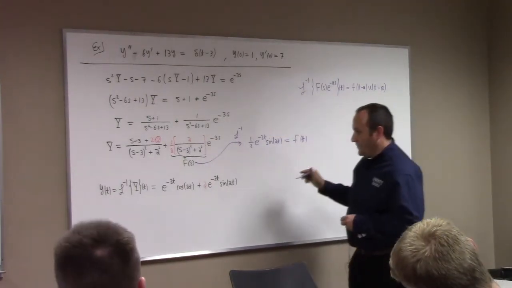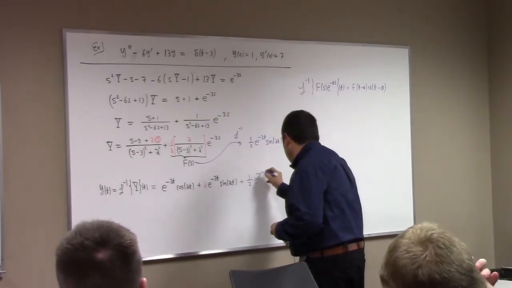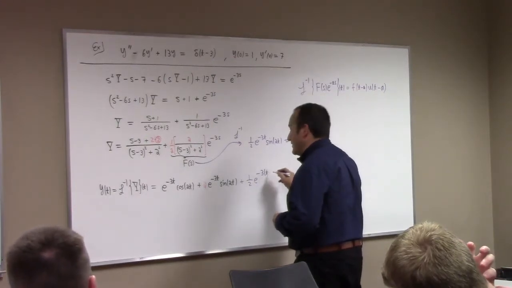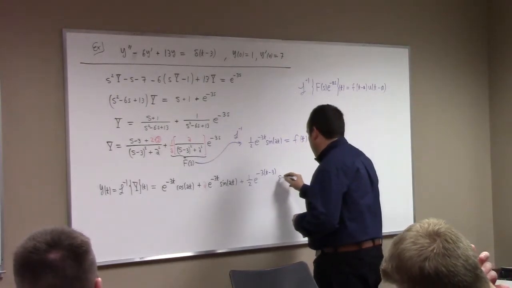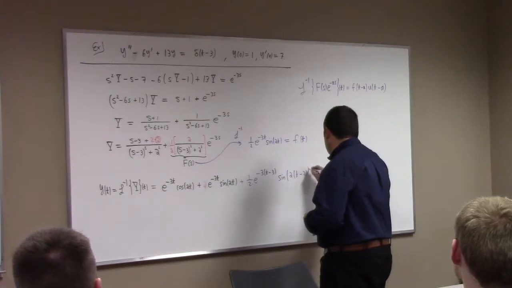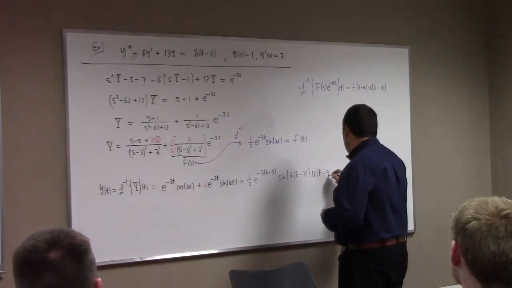And so the way that happens in this one is plus 1/2 e to the minus 3, not t, but t minus a, which in here is t minus what? Minus 3. Then the sine of 2 times, well, again, t minus 3. And then all times the unit step function of t minus 3.